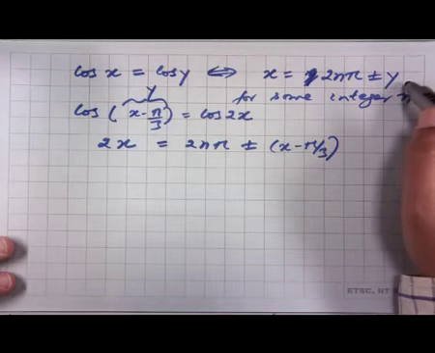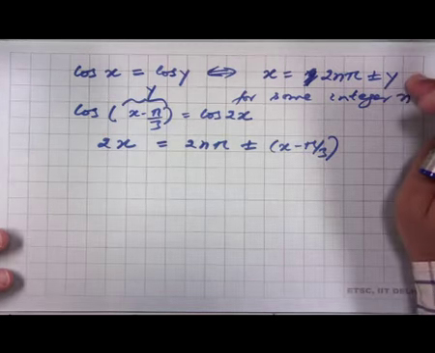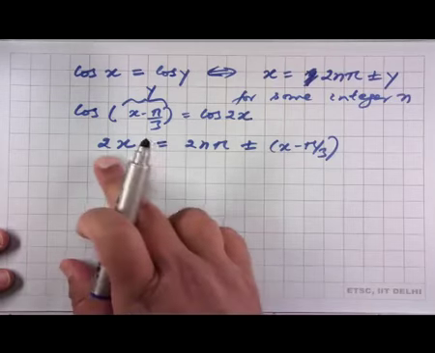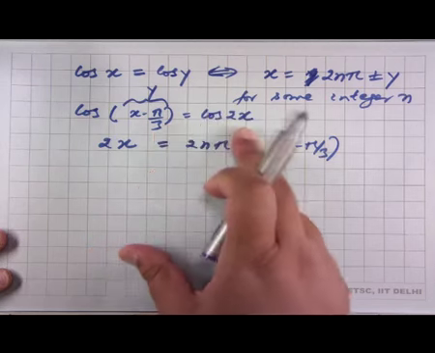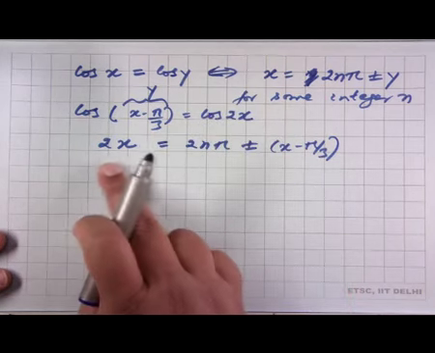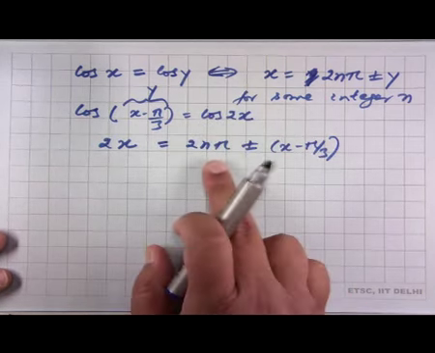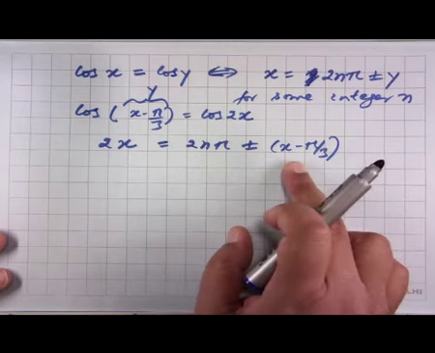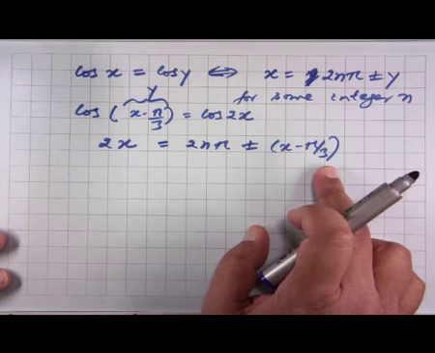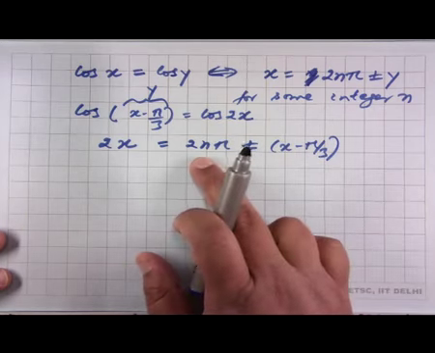So if we use this identity, then this is what we end up getting, that if cos of x minus pi by 3 is equal to cos of 2x, then it must be true that 2x is equal to 2n pi plus minus x minus pi by 3. But here n should be an integer.